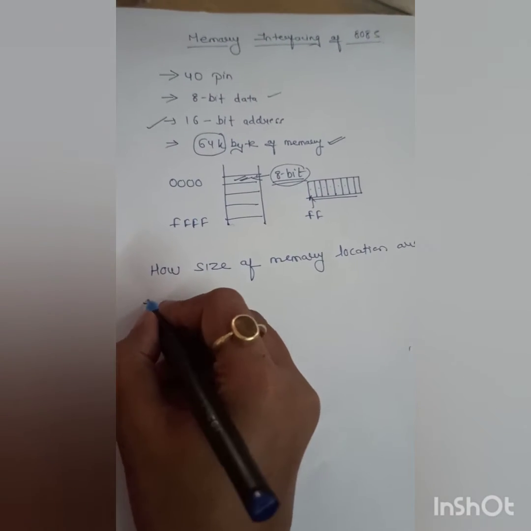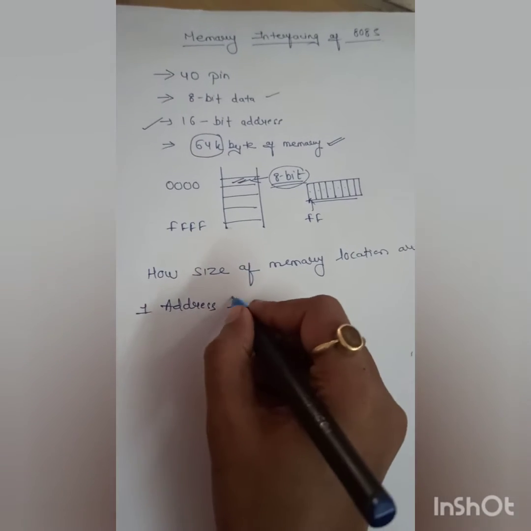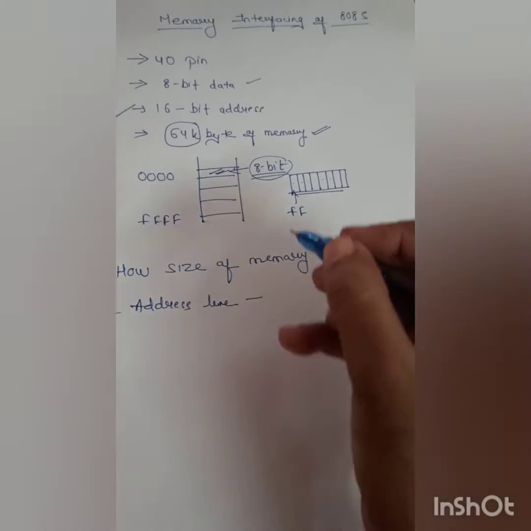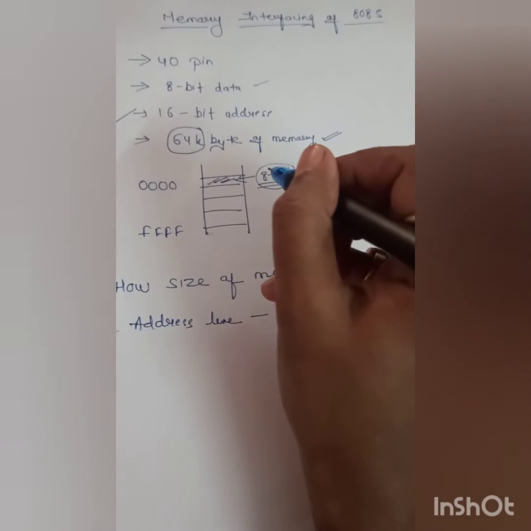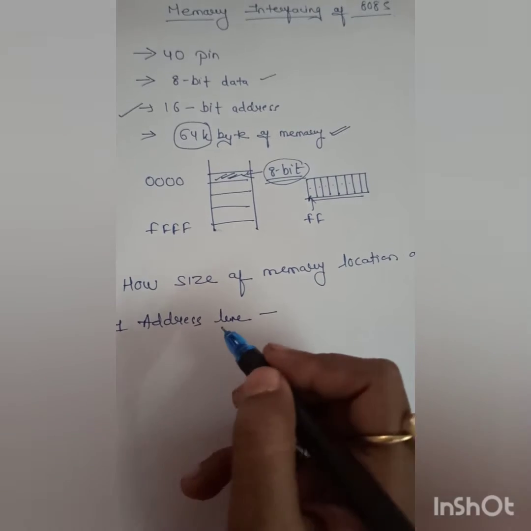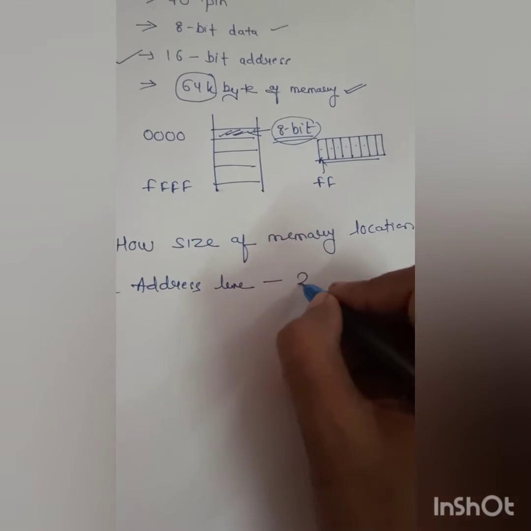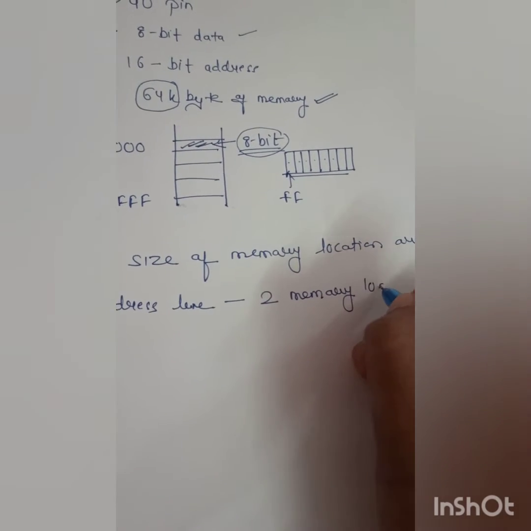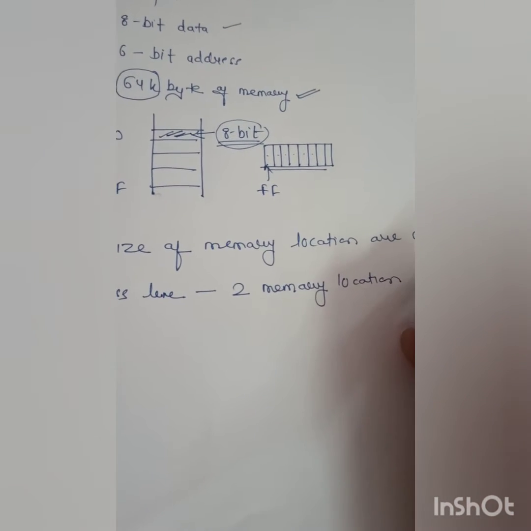For specifying one address line, as we know, one memory location must be of 8 bits only. With one address line, how many memory locations are required? 2 memory locations, which is 2 raised to the power 1.